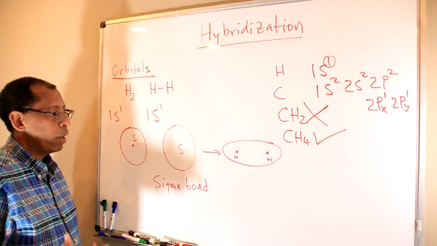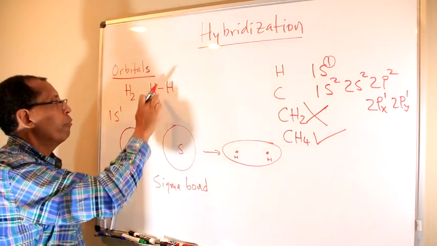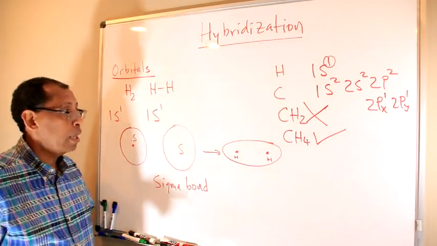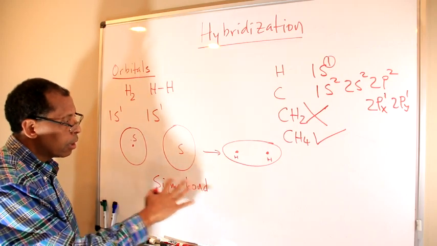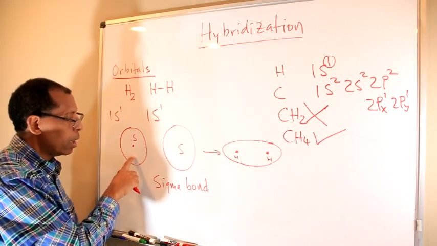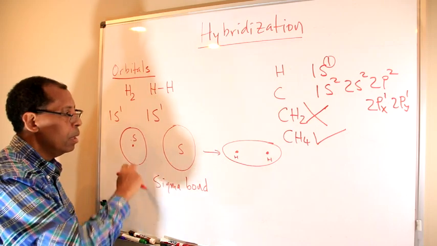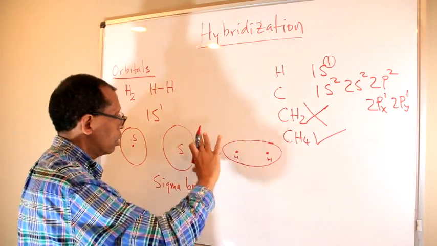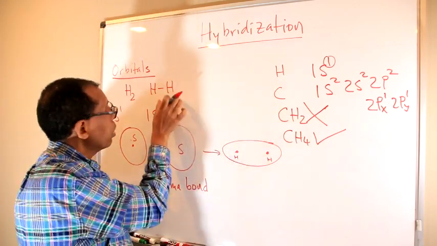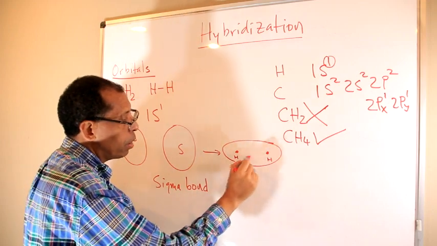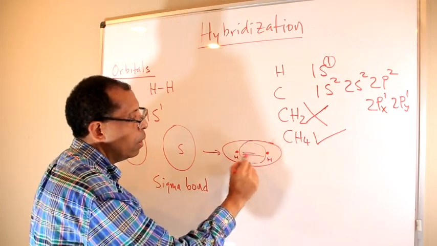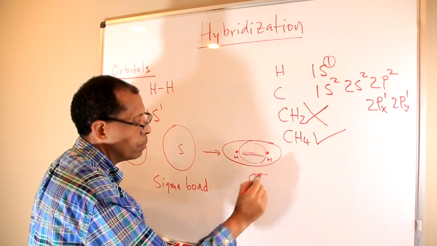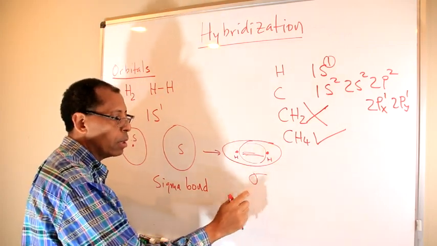So now we are going into details of what this bonding looks like by way of hybridization. This is a simple case where an s and s overlap. So they make this cylindrical shape molecule, where the electron density is high here, which is a sigma bond, denoted by this symbol.